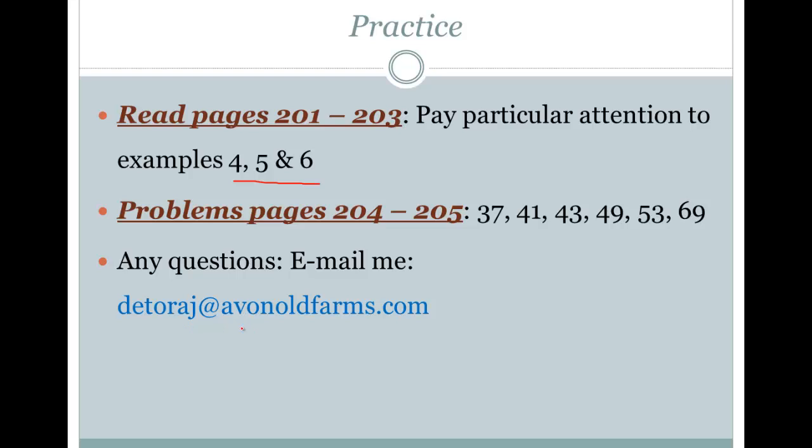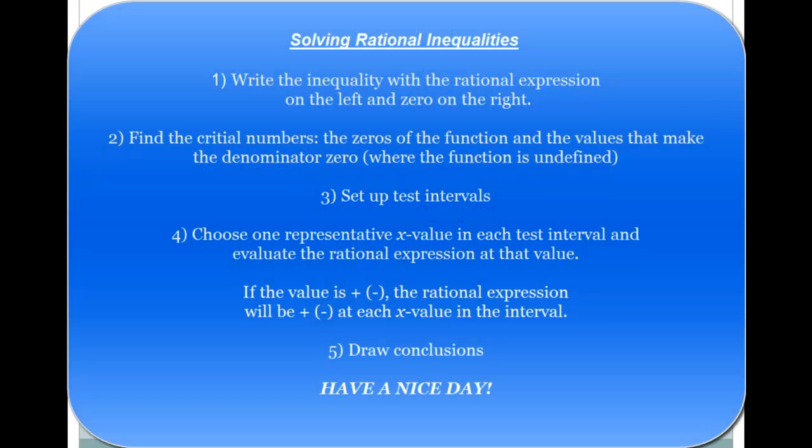Again, the purpose of this video was rational inequalities. Basically what we wanted to do was get everything on one side, the rational function on one side, and 0 on the other side, the right-hand side of the inequality. From there, we wanted to find our critical numbers.